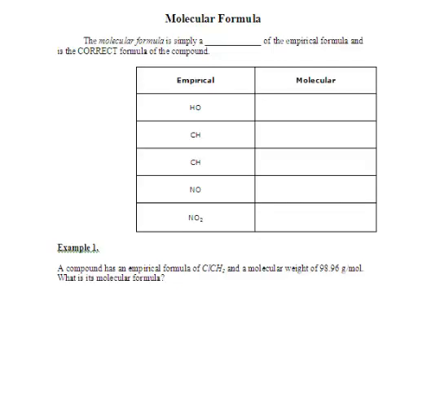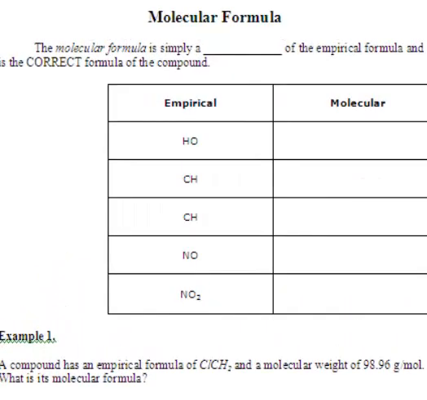Okay, so the next part we're going to deal with is the molecular formula. This by far gives people the most grief because there are a little bit more steps involved. So what the molecular formula is in comparison to the empirical, all it is is a multiple of that empirical formula.